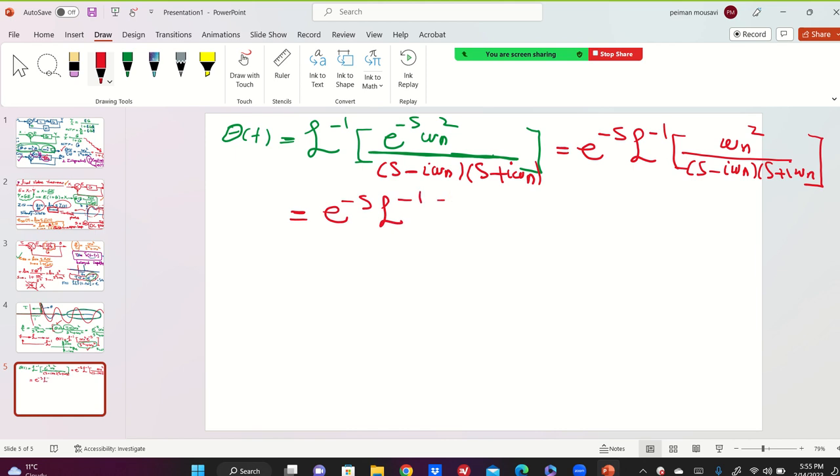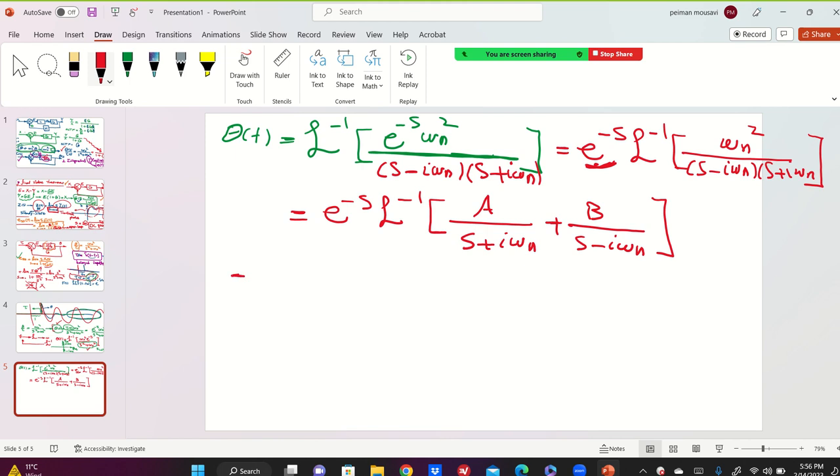Laplace inverse of, this is not the correct way, but I'm doing it to avoid confusion, okay? A over (s plus i omega n) plus B over (s minus i omega n). You know from high school you can decompose like that. I don't care about A and B because they are constant numbers.